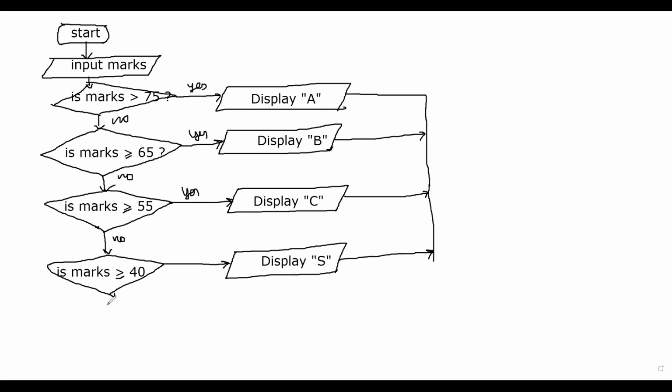Achira, what should be at the end? After this, this is also no. Let's say this is also no. That means it's less than 40, even less than 40. Then what should be the output? Amasha? Yes? Achira? Shashini?